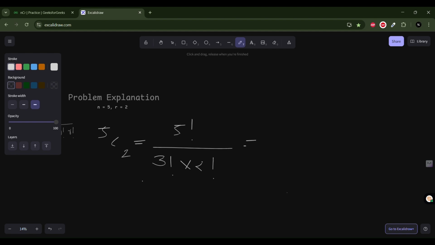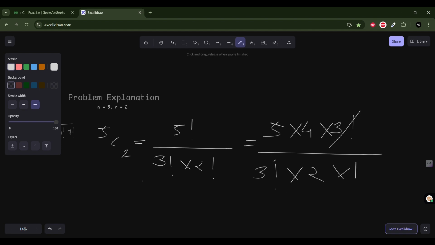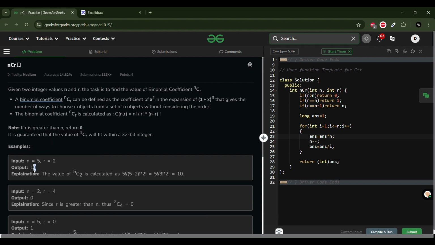It becomes 5 into 4 into 3 factorial upon 3 factorial into 2 into 1. So the 3 factorial cancels, the 2 cancels with the 4, and 5 into 2 is equal to 10. So this is the answer. This is how we solved it.